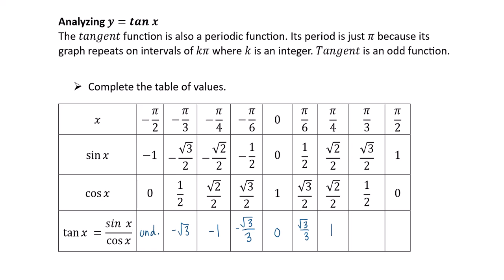For pi over 3, I divide the sine by the cosine and I get a positive square root 3. And then again at pi over 2, 1 divided by 0 is undefined. So we won't have a graph where the angle is at pi over 2.